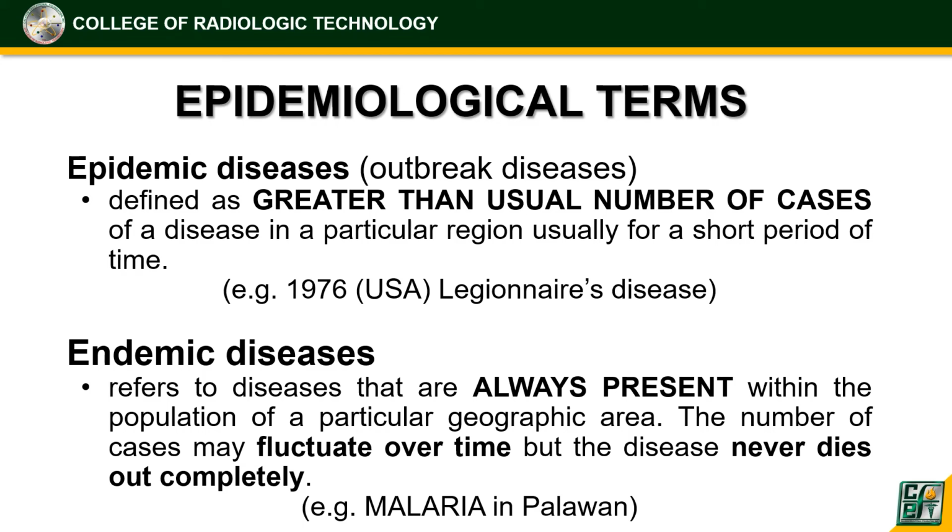Again, when we say epidemic, it is an outbreak or greater than usual number of cases. And when we say endemic, it is always present in a particular geographic area.